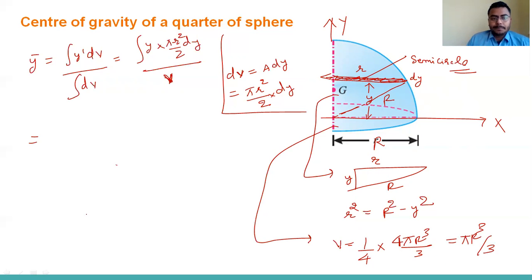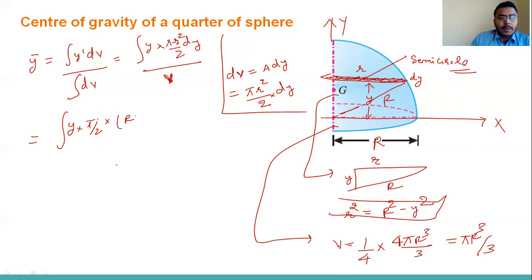Now put the value of r square, that is capital R square minus y square. So y into pi by 2 into capital R square minus y square into dy, divided by V, that we have as pi r cube divided by 3.